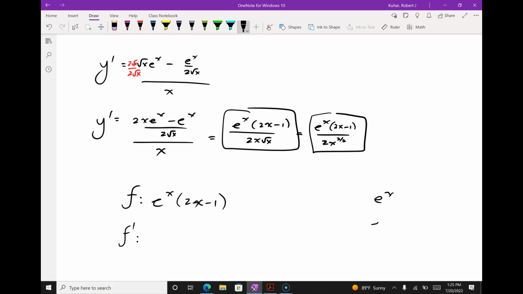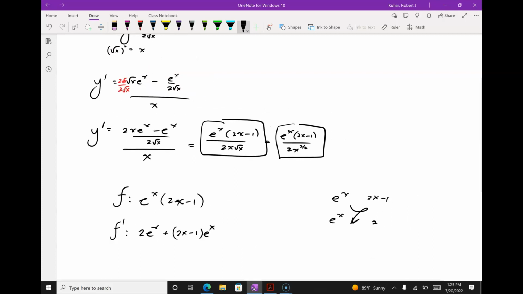So I'm going e to the x, 2x minus 1, 2. And I'm doing a product rule there. So that's 2 e to the x plus 2x minus 1 e to the x. I know I did that kind of quick, but you're all not writing, so I don't care. Yeah, so are we okay with the first derivative?